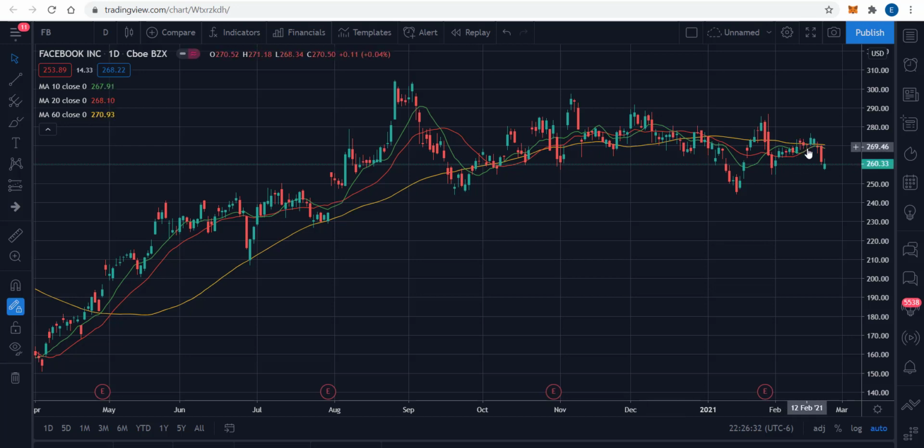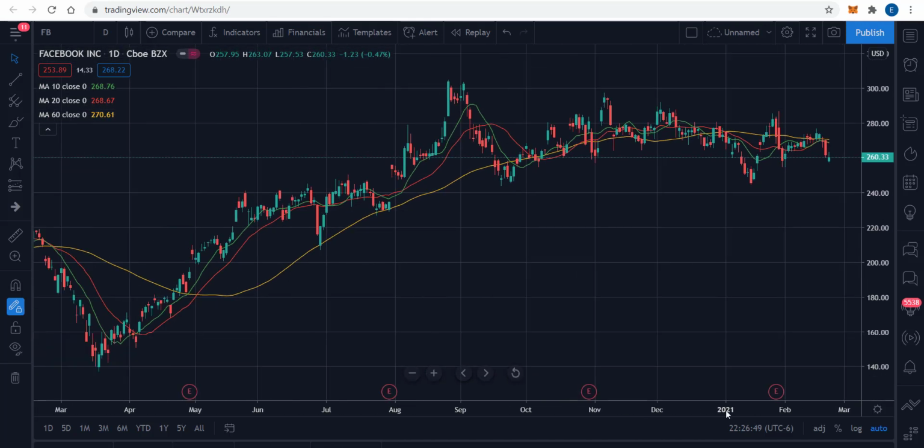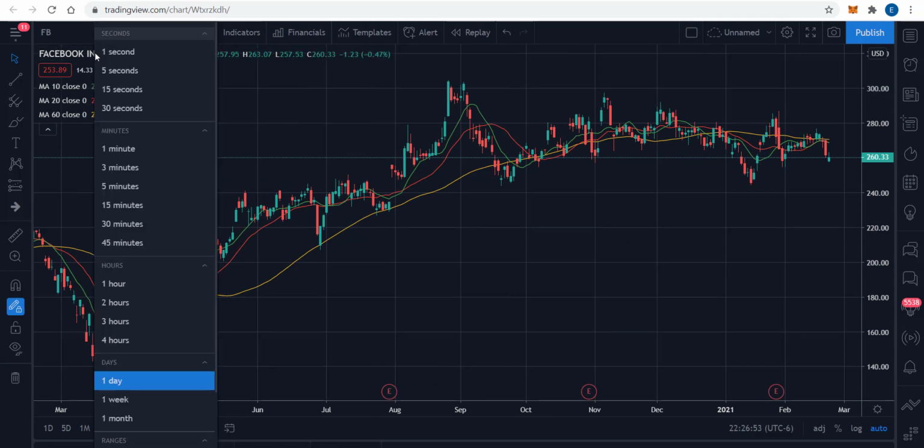Right now, you can see we're trading below the 60-day moving average, but both the 10 and the 20-day are about as close as can be. And that sort of congestion, I don't advise trading in if you're trading at the daily level.